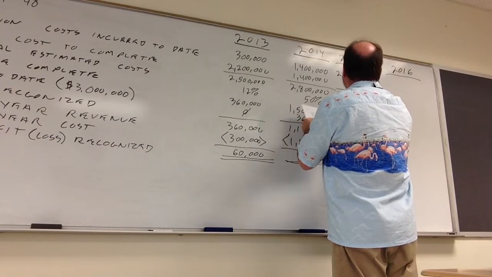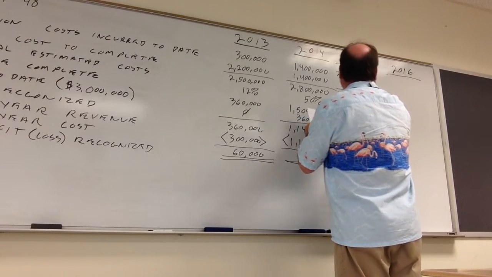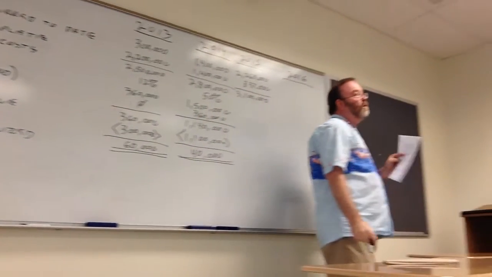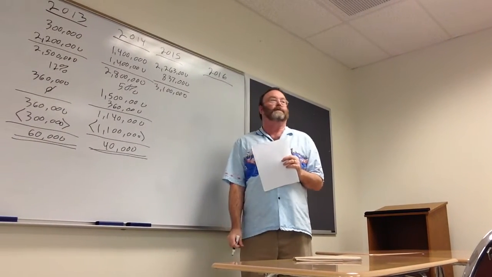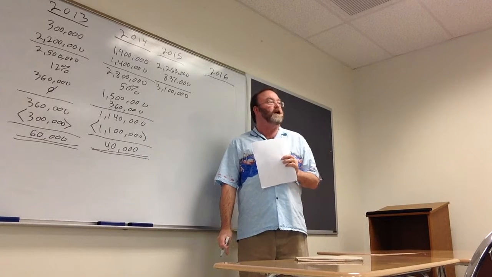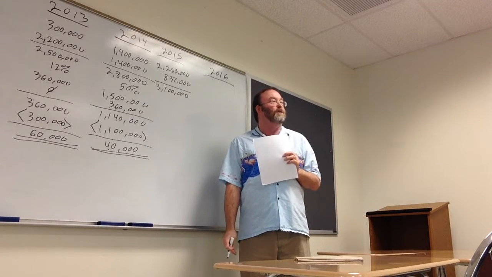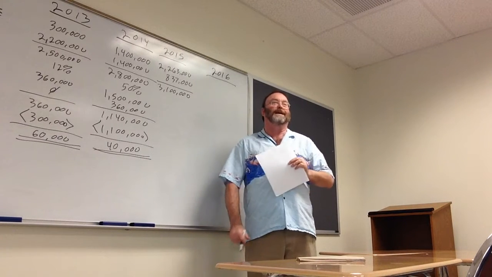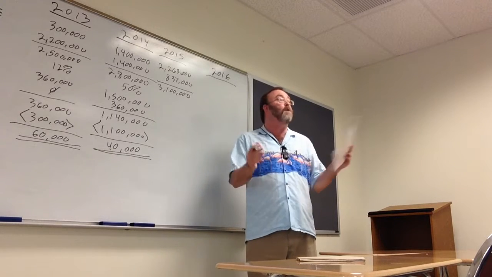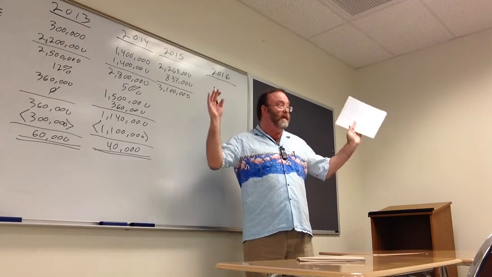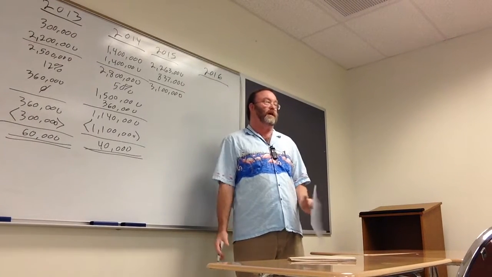Uh-oh. Now our total cost to complete is $3,100,000. Does anybody see a problem with that? What's the contract price, once again, on the dam project? $3,000,000. Now we're losing money on the entire 4-year project.